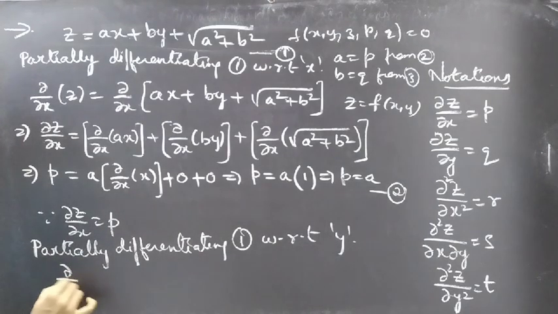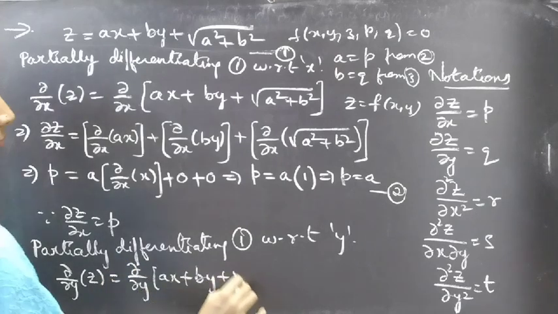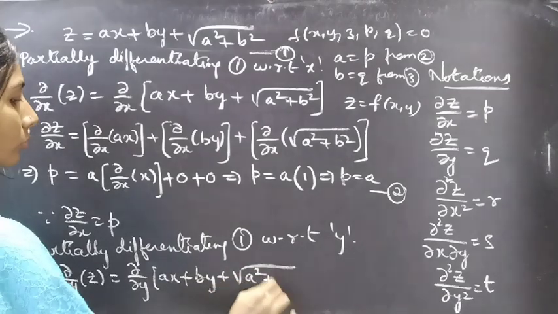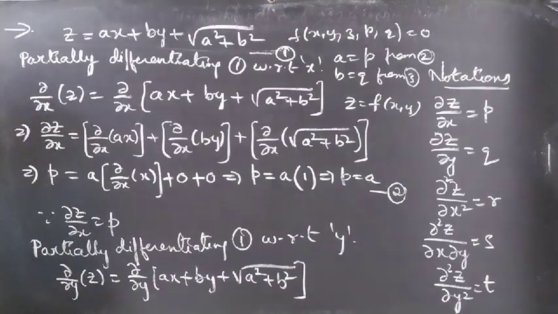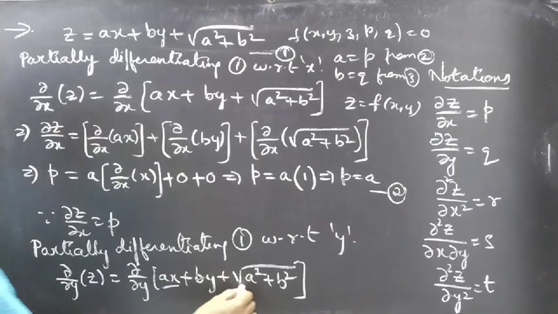So let's apply ∂/∂y on both sides of 1. Since we are partially differentiating 1 with respect to y, here x will be treated as constant. So ax is treated as constant, and the square root of a square plus b square is treated as constant.